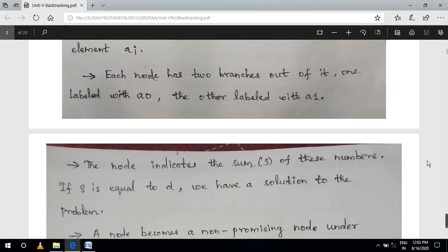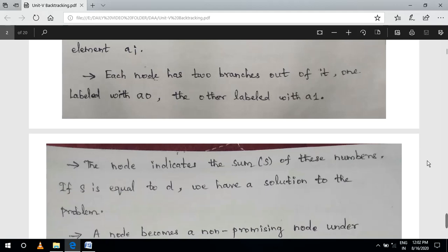That means all the subset values you include must sum to d. Only then do you get a solution. Otherwise, if I add the first two values and the sum is not d, it is not satisfied. The sum of all the subset values should be equal to d.